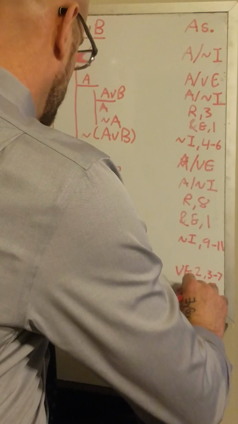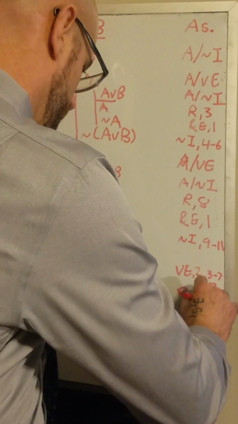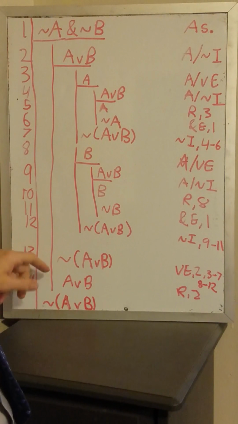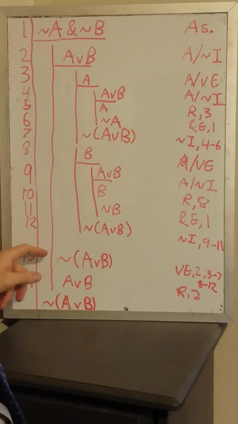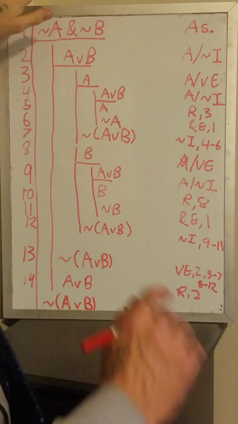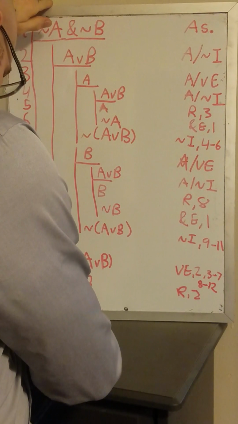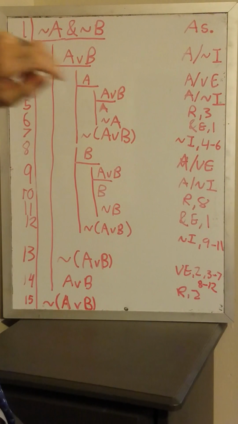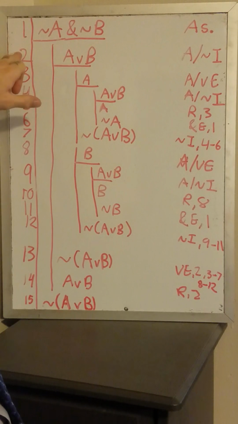And that's reiteration from line 2. And now, based on this contradiction, we can go ahead and close off this subderivation and finish the proof. We have not A or B based on negation introduction, lines 2 through 14.